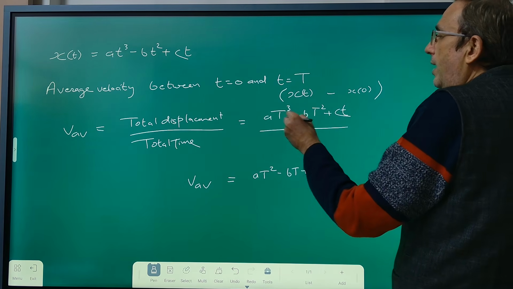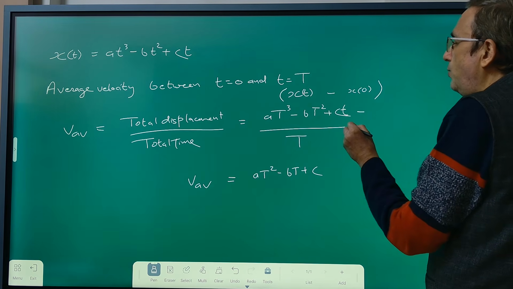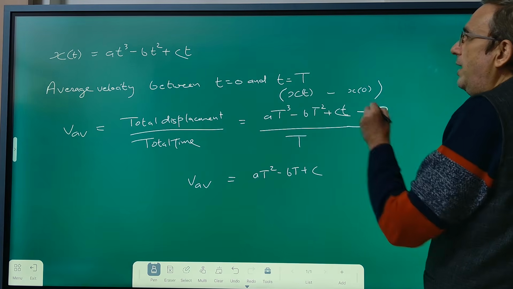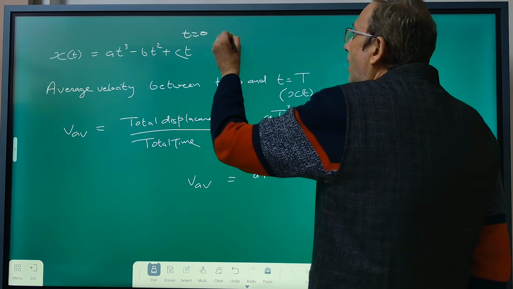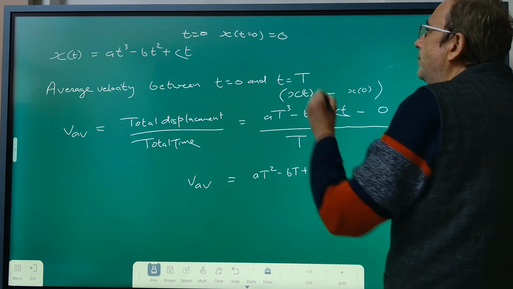X at t is at cube minus bt square plus ct, and at t is equal to 0, the value of the position is 0 actually, because you just substitute t is equal to 0 here. Then x at t is equal to 0 becomes 0.